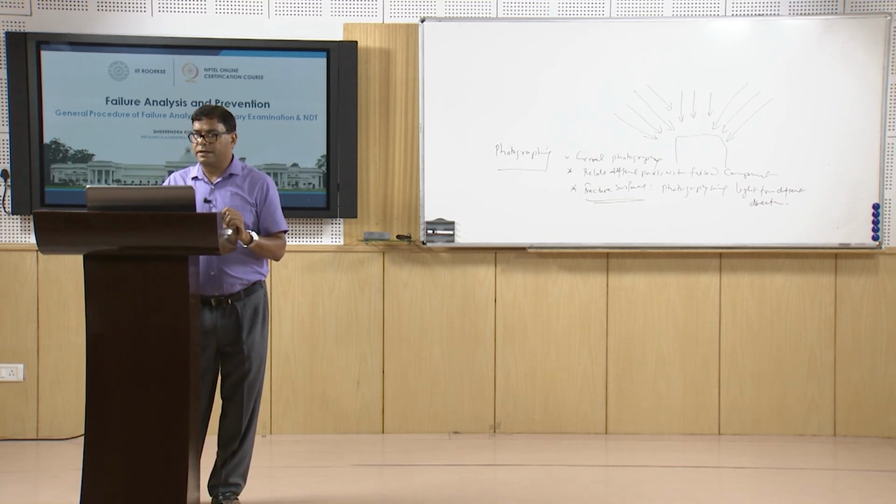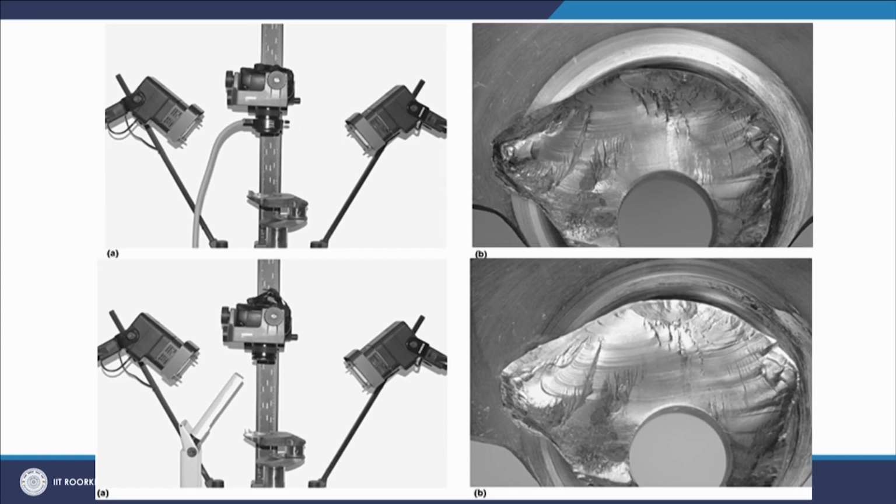This is another kind of sample, when the light is directed in different ways in the two cases. In one case we can see certain kinds of features revealed, while in another case different kinds of features are revealed.